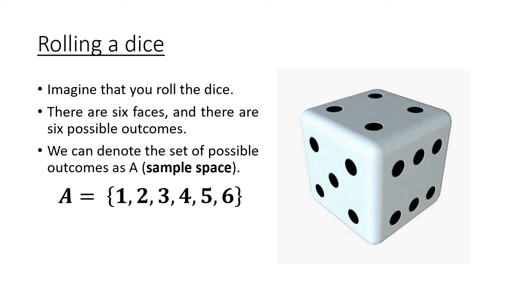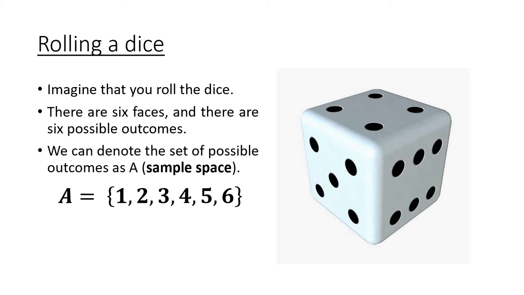So imagine that you have a fair dice. There are 6 faces and there are 6 possible outcomes which are equally probable. So this is what I meant when I said fair dice.